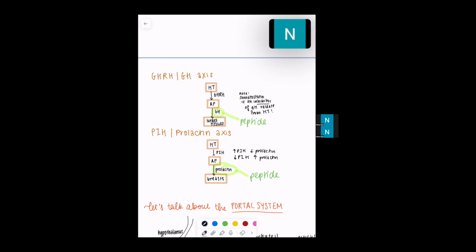And I guess worth mentioning is that there is actually an endogenous or self-produced inhibitor to growth hormone within the body that's called somatostatin, and somatostatin is released from the hypothalamus.